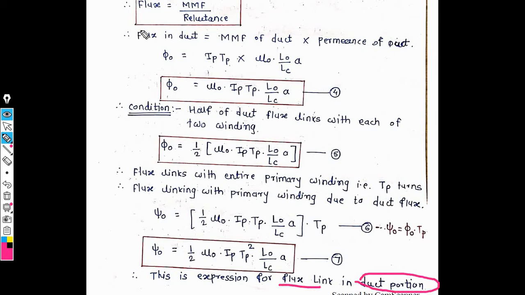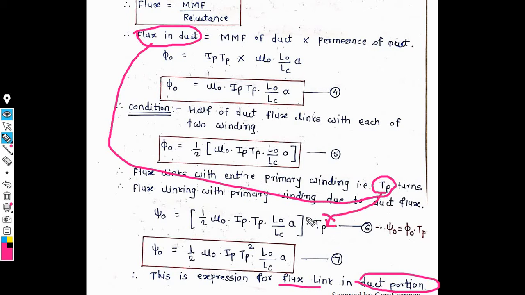This is the flux in the duct portion, and this flux is linked with the number of turns.